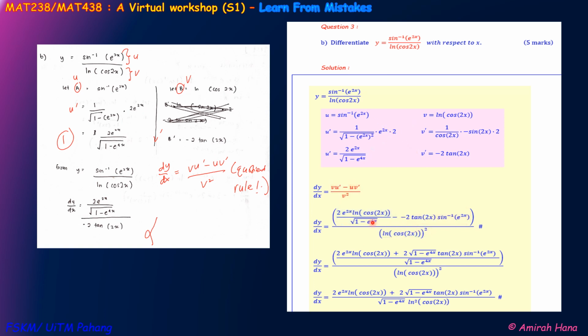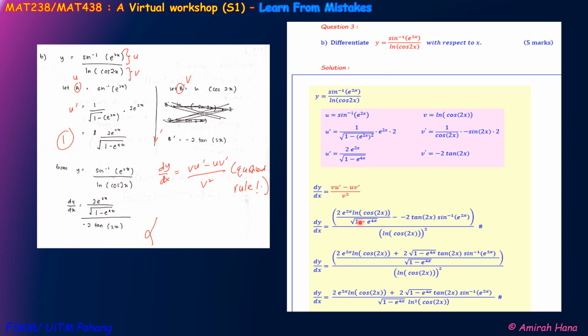And then bracket squared. Okay, sampai sini belum habis lagi. Minus dengan minus jadi plus. Yang ni ada fraction, ada pembawah. Yang ni tak ada. So, kita cantumkan semua. Jadi, pembawahnya square root 1 minus e to the power of 4x. Yang ini, kita still ada 2e to the power of 2x ln cos 2x. And then minus minus jadi plus. Yang ni 2.